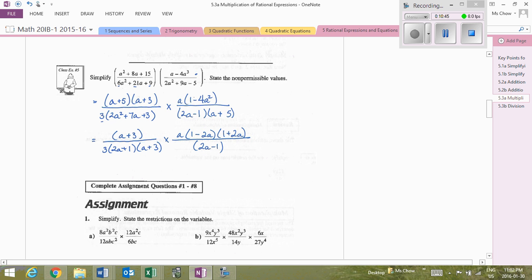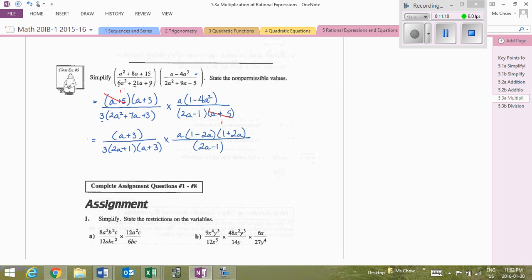So knowing that I still have those polynomials to factor, I needed to do another step, but I could already see that there's a common factor of a plus 5 and a plus 5 that I can factor out, so why write them again?